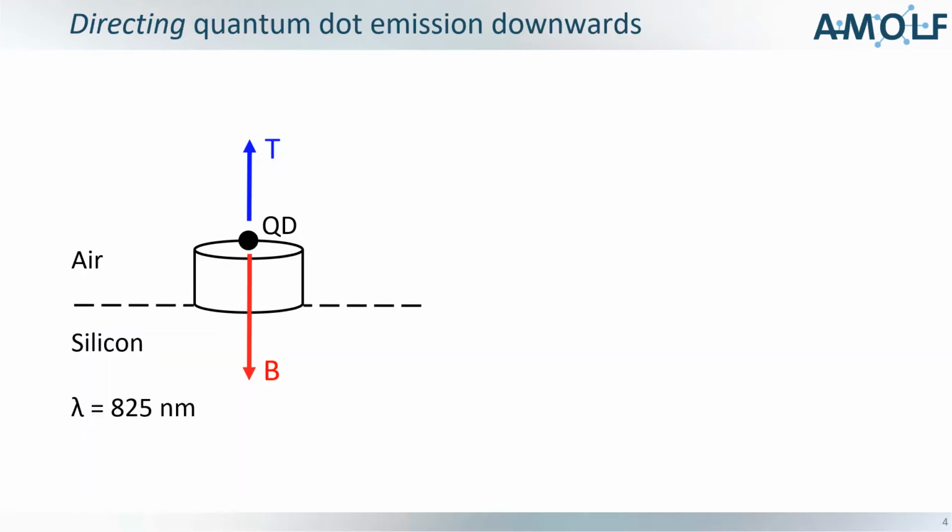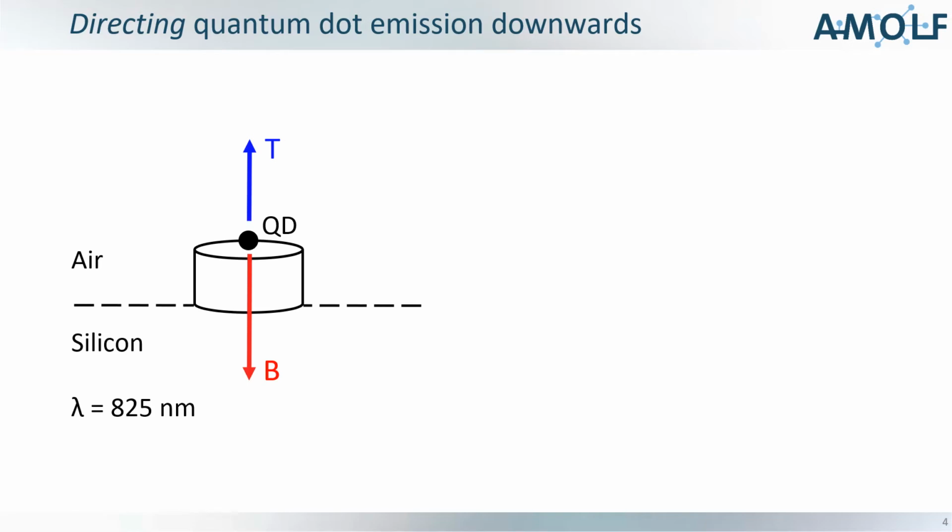So what we do is we place a nanostructure, a nanocylinder of silicon, on the silicon solar cell in the simulation. And then we model the quantum dot by a dipolar source that is 5 nanometers above the silicon cylinder. Now, this dipolar source will excite many different modes in the cylinder that will then interfere back with the dipole emission.